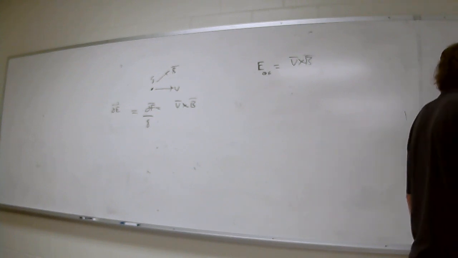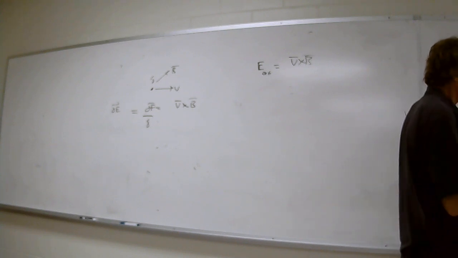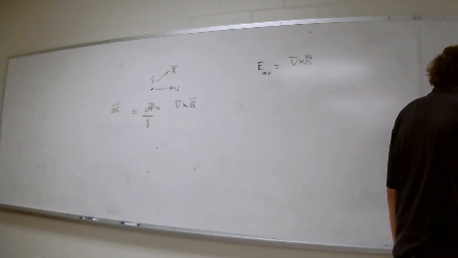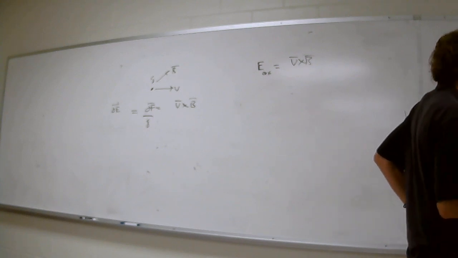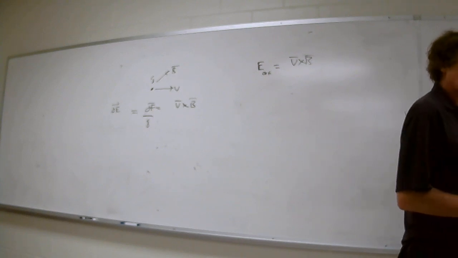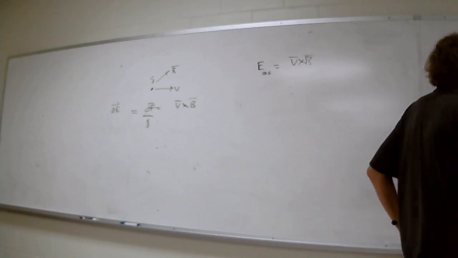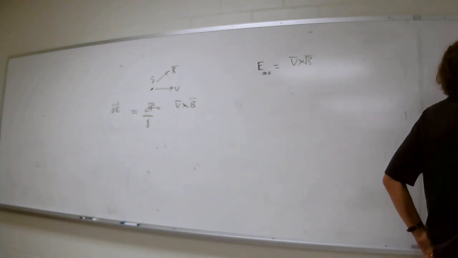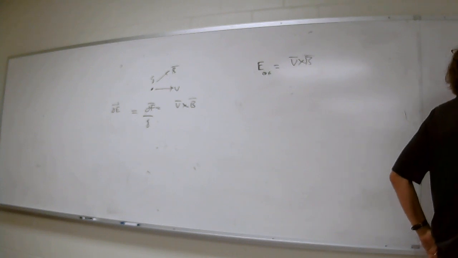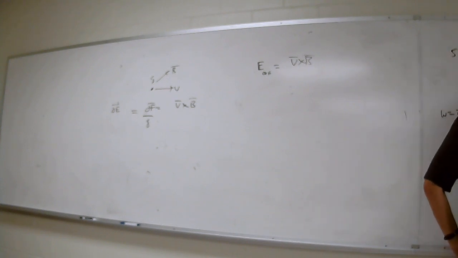So this is a little different from what I'm used to seeing, but I don't really care. Tell me about what the B field is. B field is 4 AX plus 3 AZ Webers per meter squared.